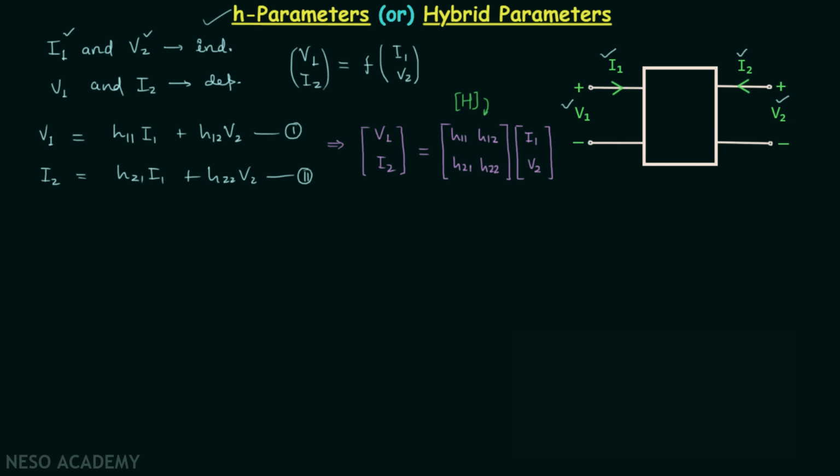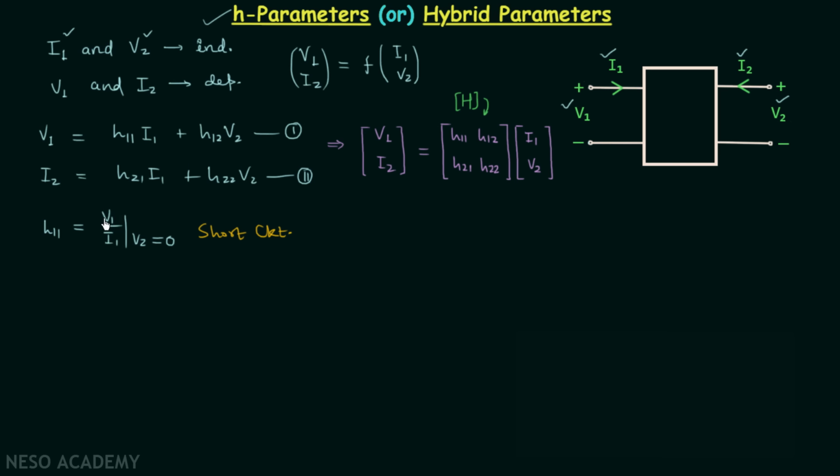Now we will obtain all the 4 parameters in this matrix, and it is clear that we can have H11 from the equation number 1 when V2 is equal to 0. So parameter H11 is equal to voltage V1 divided by current I1 when voltage V2 is equal to 0. And now we will do the naming of parameter H11. Here we have voltage V2 equal to 0. This means the output port is short circuited. So we will write short circuit, and then we can see that we have voltage divided by the current.